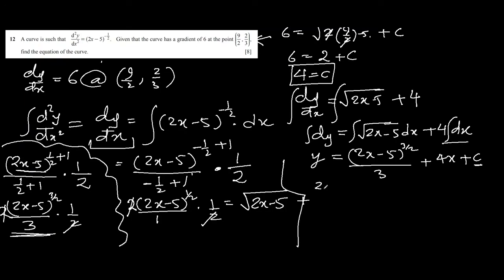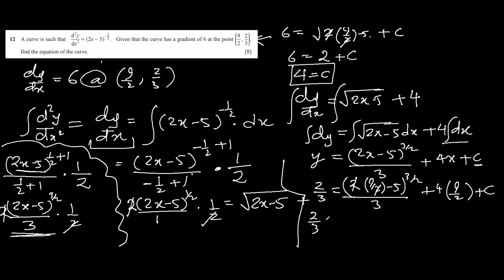Let's do it. 2 over 3 equals (2x is 9 over 2 minus 5, and the whole to the power 3 over 2) over 3, plus 4 times 9 over 2, plus c. I'm doing this mentally. You can use your calculator, put everything in here and you'll get c, but I'm doing it mentally. The 2 and 2 get cancelled out.